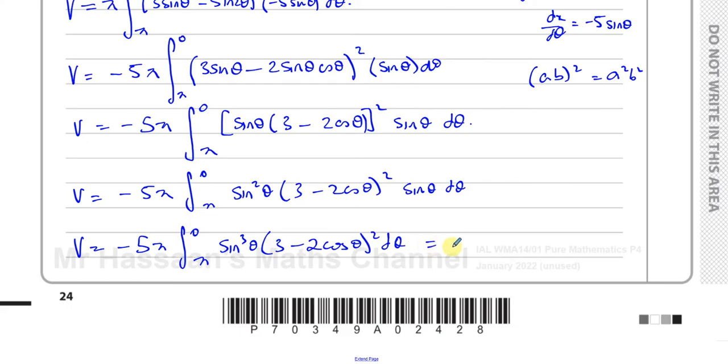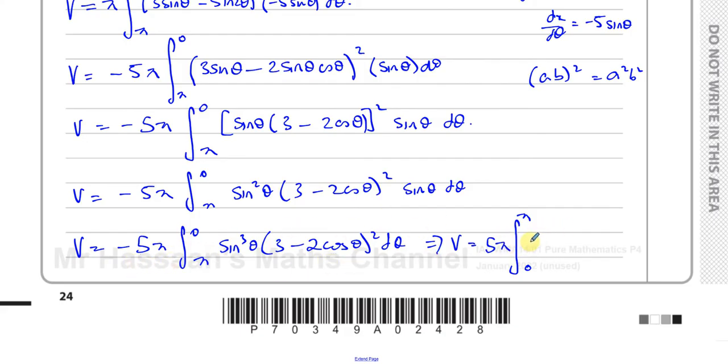What we need to do to fix that is to basically swap the limits around, because when you have the limits this way, 0 and pi, you're going to put 0 in first after you integrate and then pi in. If you do it the other way, you'll get the same value but just the opposite sign. So if I swap these limits and make this pi on top and 0 underneath, then the whole thing is going to be positive, the opposite sign compared to that.